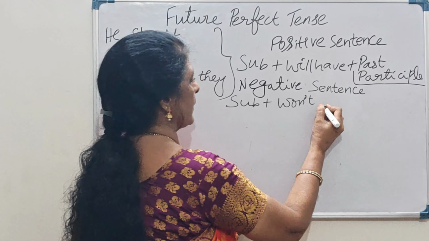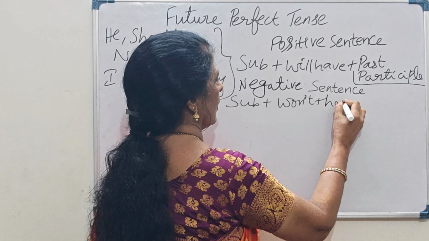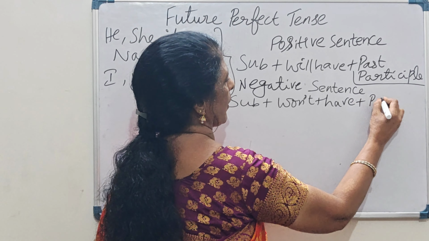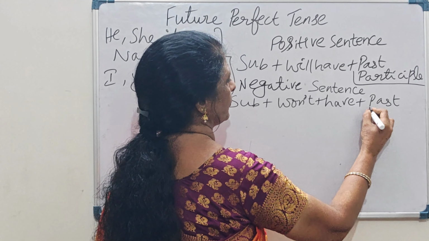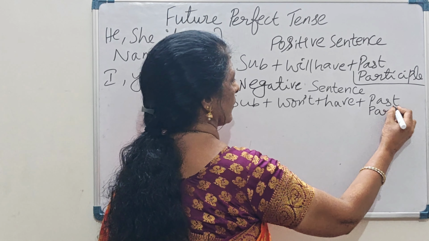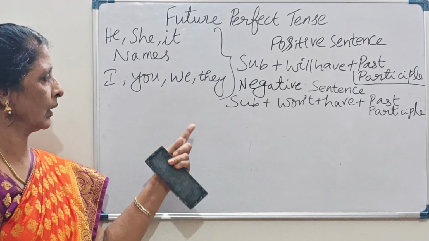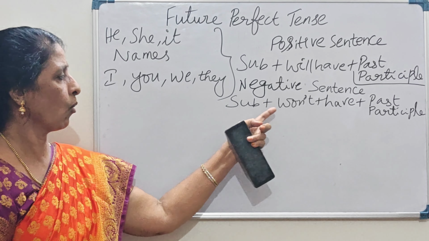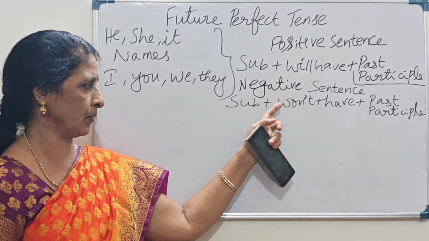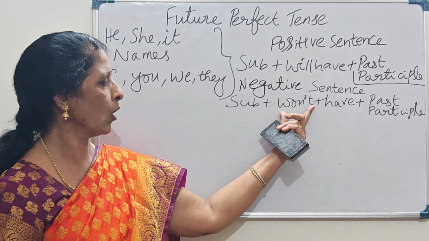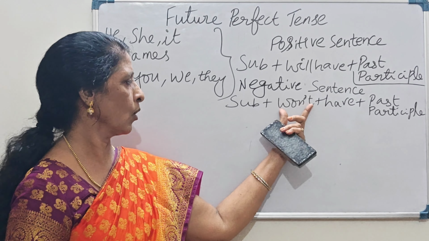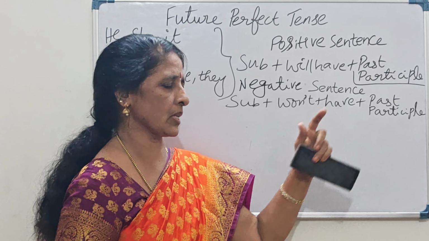Subject plus won't plus have plus past participle. Because this is negative, if you are writing in the negative sentence, you have to write won't. Won't have past participle.